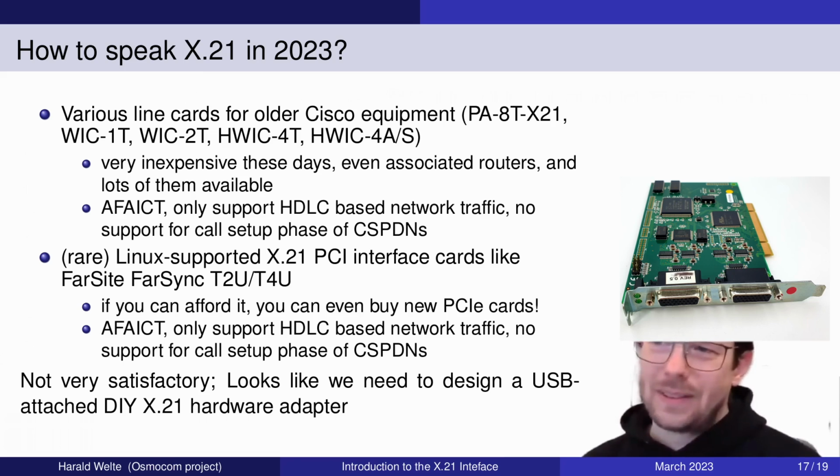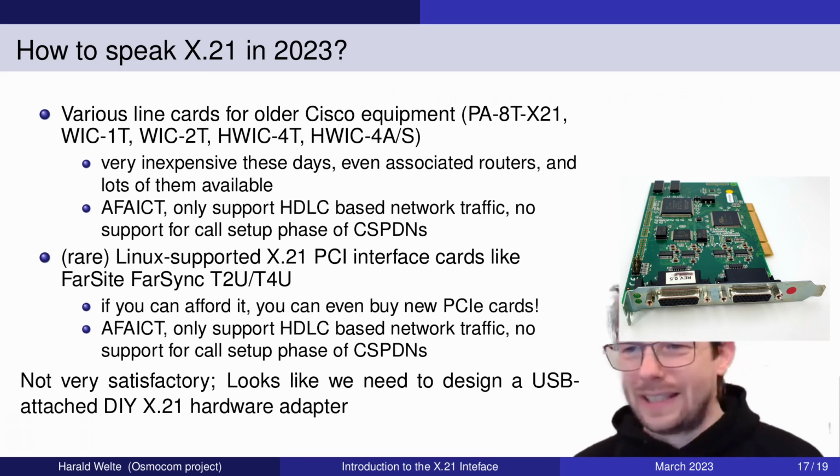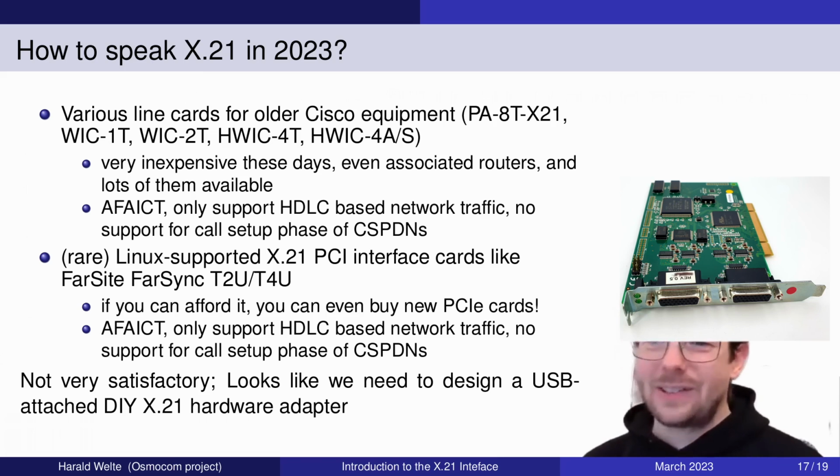And this is a PCI card still, which you can find, and even the PCI cards are sold relatively expensive on eBay. If you have a lot of money, you can still today buy PCIe cards doing the same, but much to my disappointment, they also only support HDLC-based network traffic, and no support seems to be included for this circuit switched X.21 as it's used in CSPDN. So it's not really useful for this.